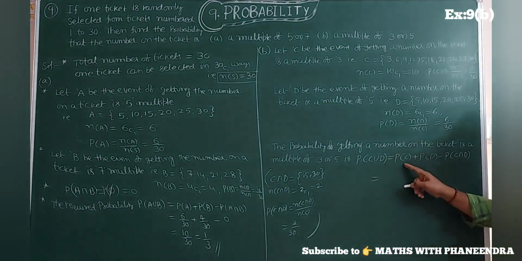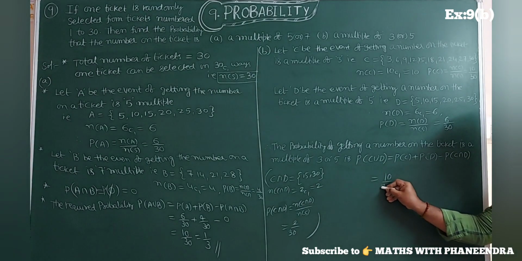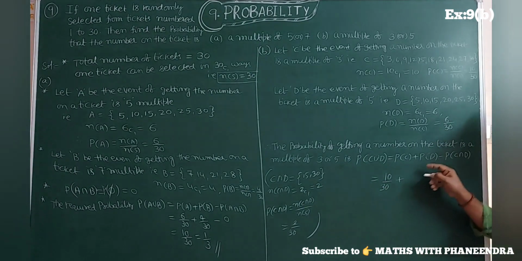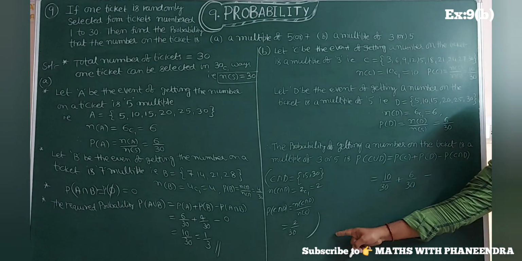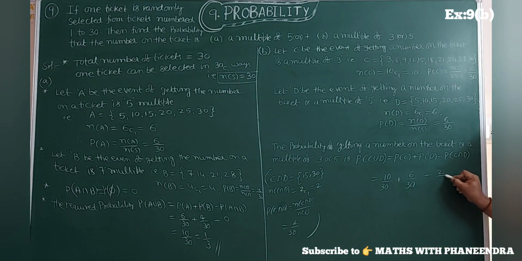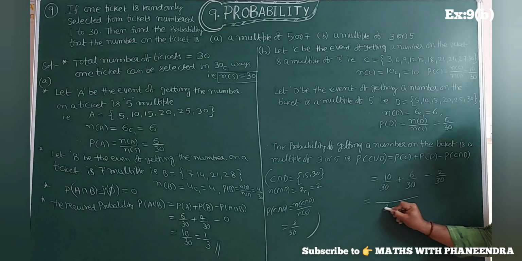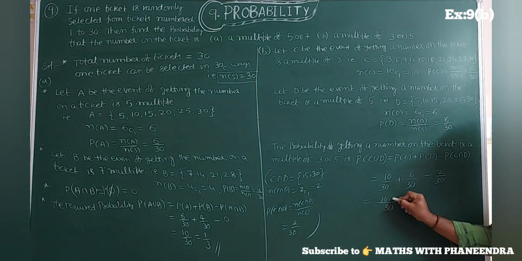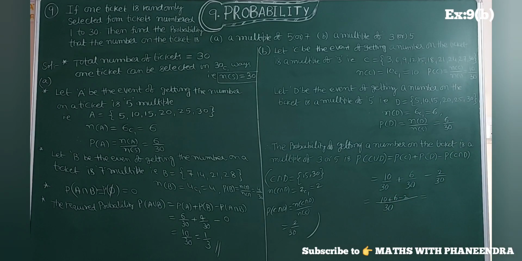Now substitute. P of C is 10 by 30, plus P of D is 6 by 30, minus P of C intersection D, 2 by 30, which is equal to, take LCM 30, 10 plus 6 minus 2, which is 16 minus 2 is 14, 14 by 30.